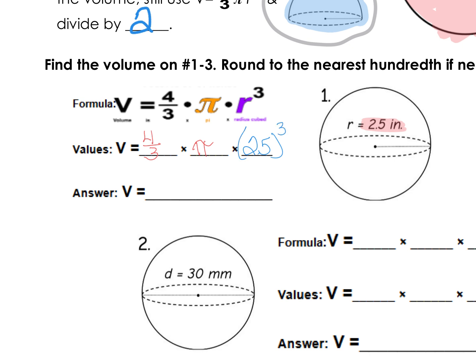Now, if you recall from volume here, this cube just means repeated multiplication. So to cube that 2.5, it just means we are going to multiply 2.5 by itself 3 times. So 2.5, 2.5, 2.5.